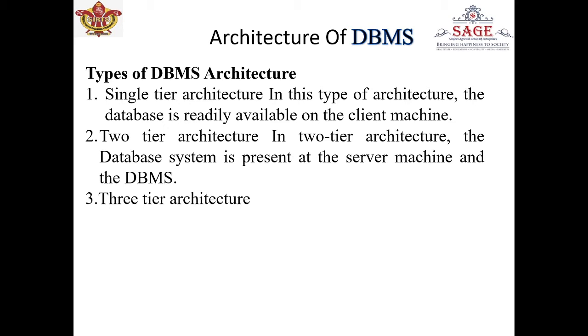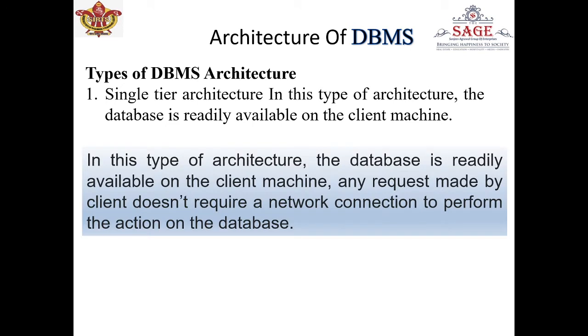So here we will talk about the single tier architecture. In this type of architecture, the database is readily available on the client machine, and any request made by the client does not require a network connection to perform the action on the database. For example, we want to fetch the records of the employee from the database, and the database is available on our computer system.